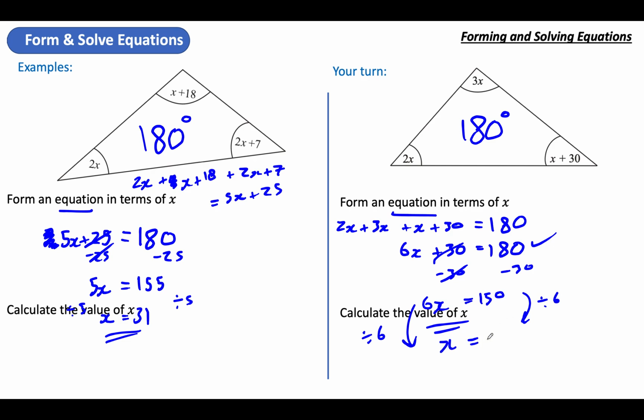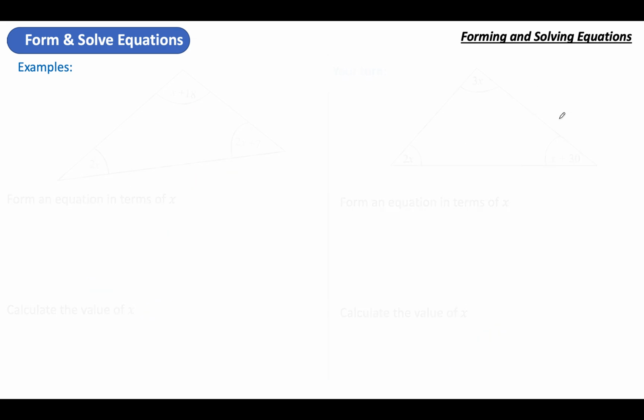So I'm going to divide it by 6. 150 divided by 6, it does work. It's 25. 25 degrees is what x is worth. Like this one was 31 degrees. Okay. Right, so it's built into the question what you're going to do.